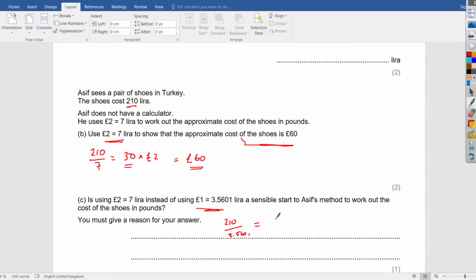The actual answer is £58 and 99 pence, so approximately £59. So it was a very sensible method to use, as 3.5 doubled is approximately 7. So yes, good reason.